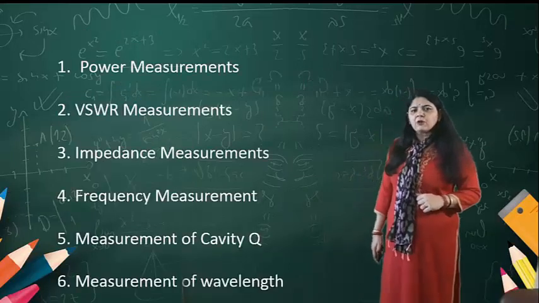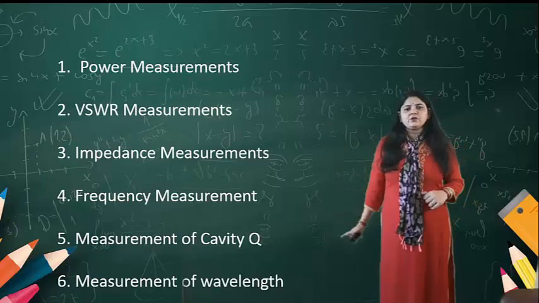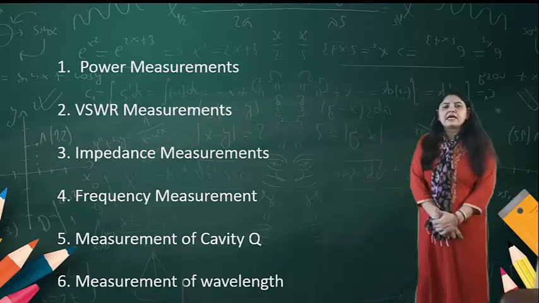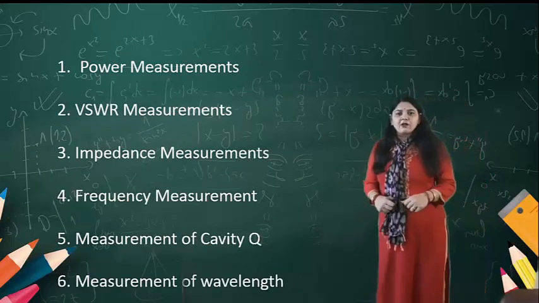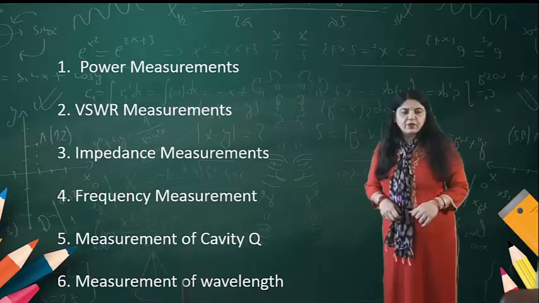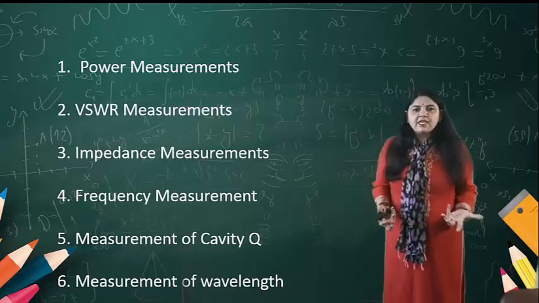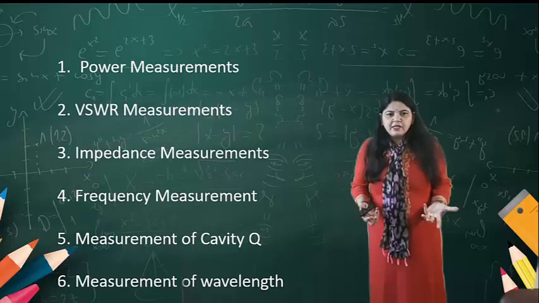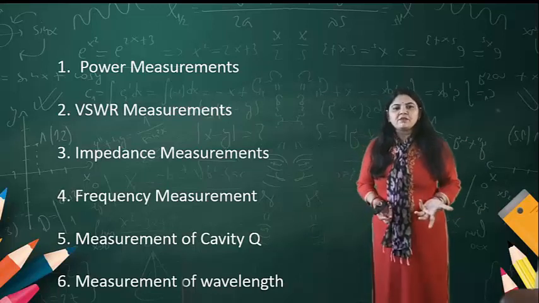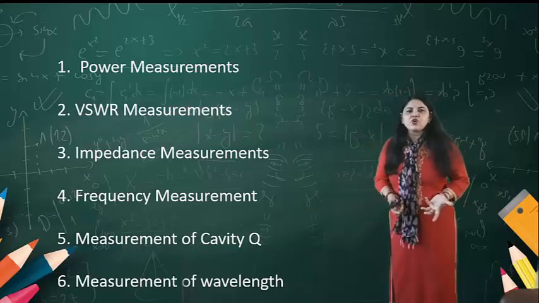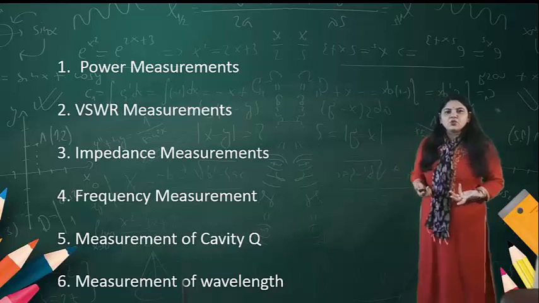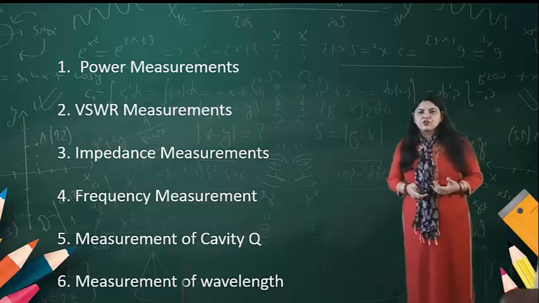So in this chapter, we need to study all these things: how to measure power in case of microwaves, how to measure the VSWR, impedance measurement, frequency measurement, measurement of the cavity Q, and measurement of the wavelength.